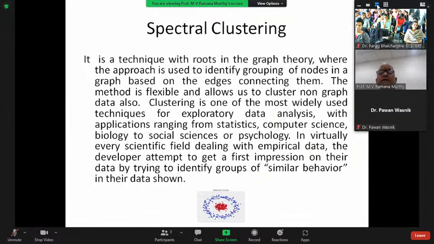Clustering is one of the most widely used techniques for exploratory data analysis, with applications ranging from statistics, computer science, and biology to social science or psychology. In virtually every scientific field dealing with empirical data, developers attempt to get a first impression of their data by trying to identify groups of similar behavior in their data.